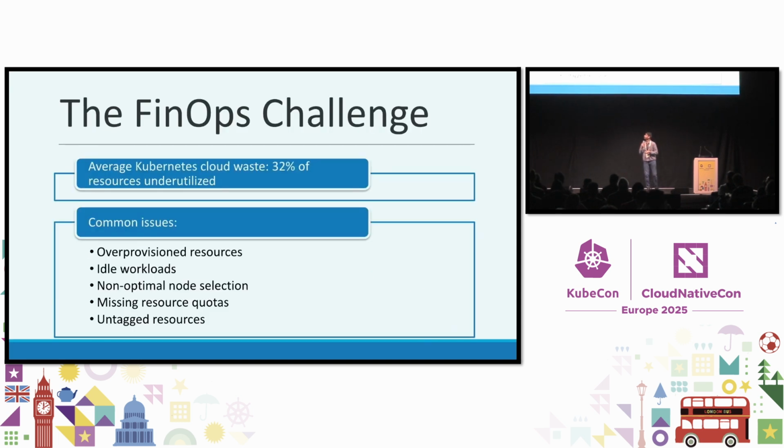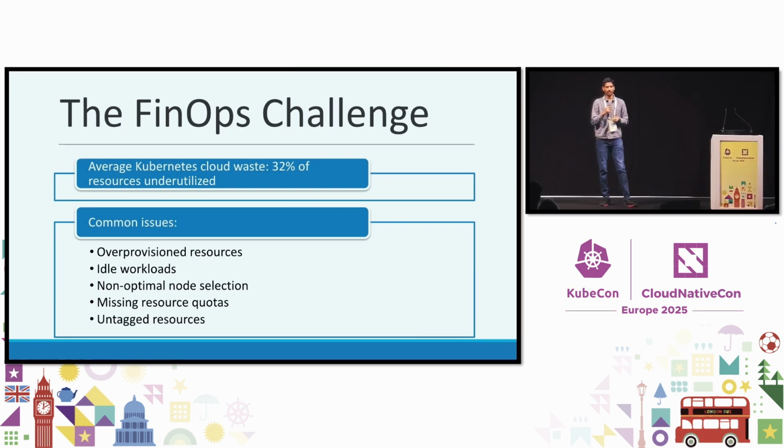The FinOps challenges we have in Kubernetes environments right now: in the Flexera State of the Cloud report, it says 32% of resources are underutilized. Other common issues are over-provisioned resources, idle workloads, and non-optimal node selection. Whenever people provision clusters, we don't know the right SKU to choose, so we just provision some SKU and later see that it's not effectively being used.